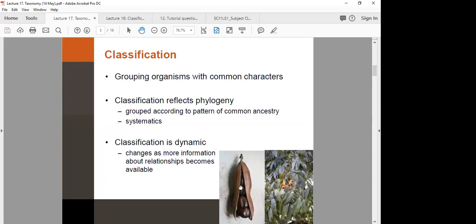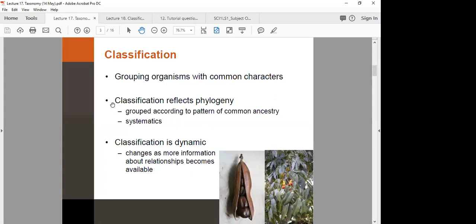And then they looked for other trees that also produced pollen with similar form and structure and size and colour and so on. And they identified this tree here, which is found in South America, and sure enough, it possessed exactly the same compound. So predicting new information is also an important function of classification.